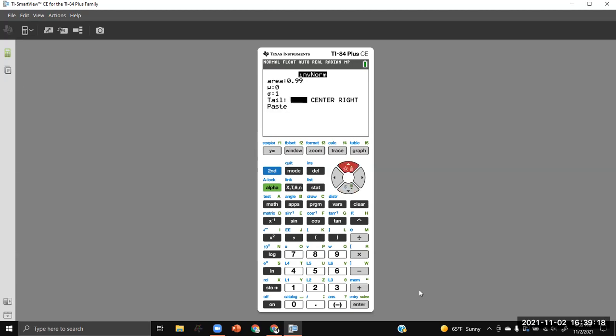So I'll paste that in. And I get plus or minus 2.5758 and change. That's plus or minus 2.576 if I round to 3 significant digits.